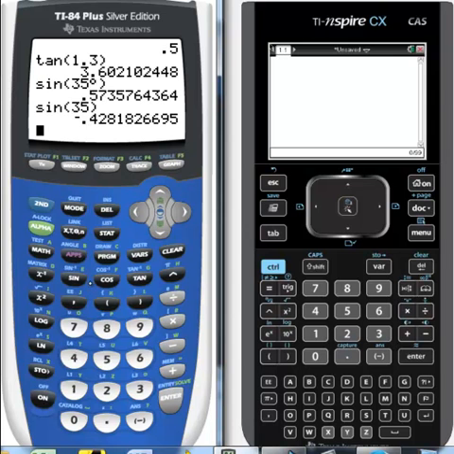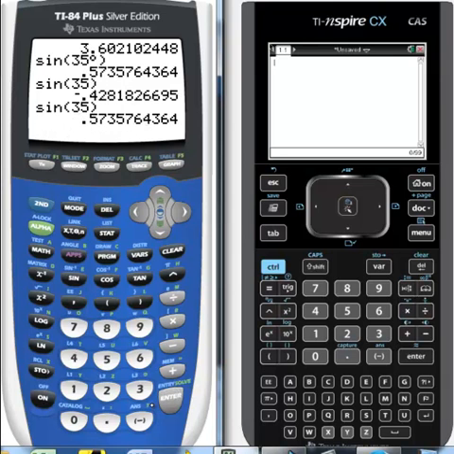But method 2 is now we can say sine of 35, and notice that this time it interprets that as 35 degrees without having to type the degree symbol. So if you're doing a bunch of these with degrees, it might save you a little typing to put it in degree mode and not have to type the degree symbol. You still have to write it when you write it down, but you don't have to type it that way.